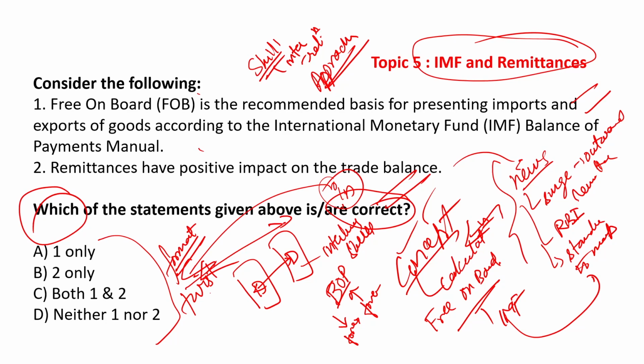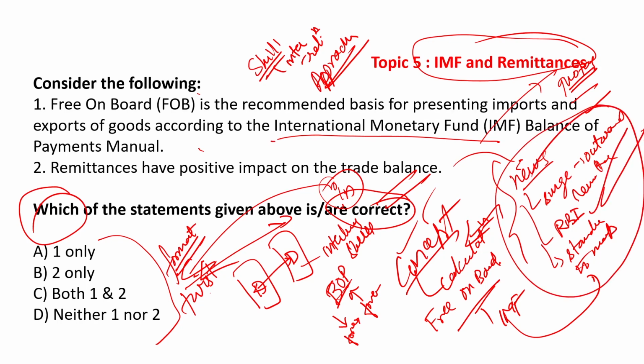Similarly, there are multiple things related to foreign exchange, balance of payment, IMF. For example, you have the IMF quotas, etc., that can be asked in the examination. So this is a conceptual question based on a current affair.